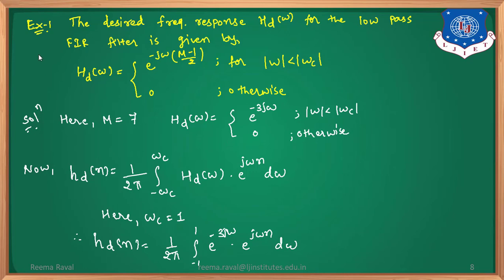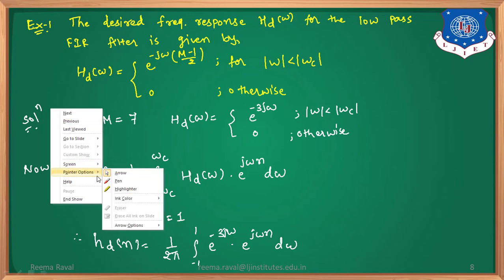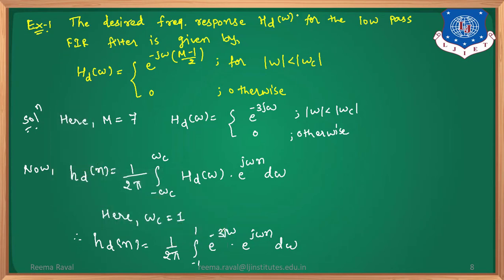Now assume that we have taken the values of omega c and m equals to 7, and in the exams, this data will be given to you already. That means here m equals to 7 and omega c equals to 1 radian per second, that will be given in the data.